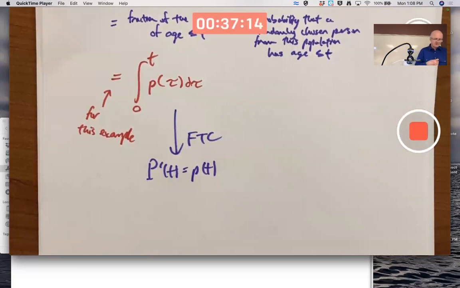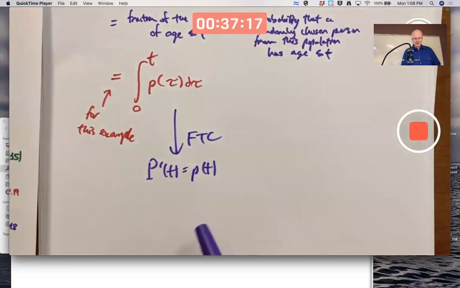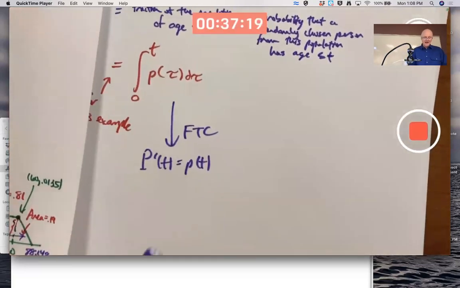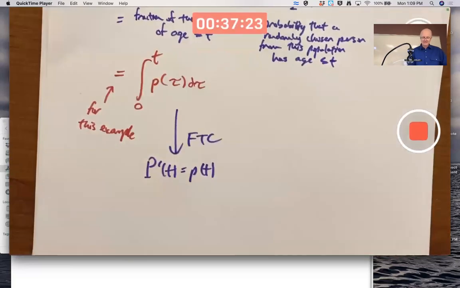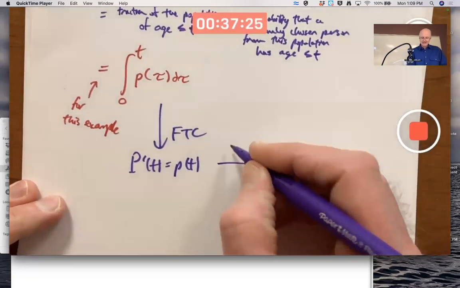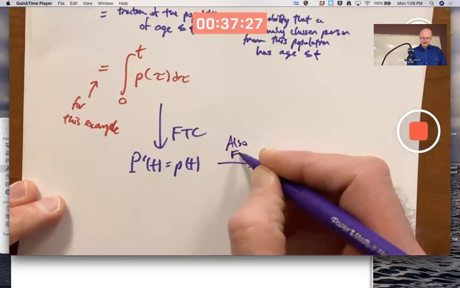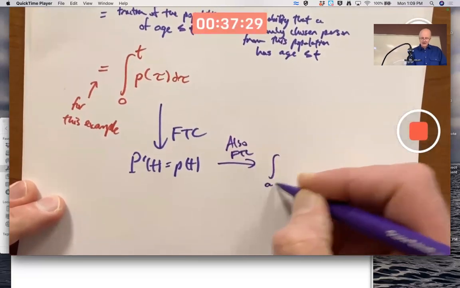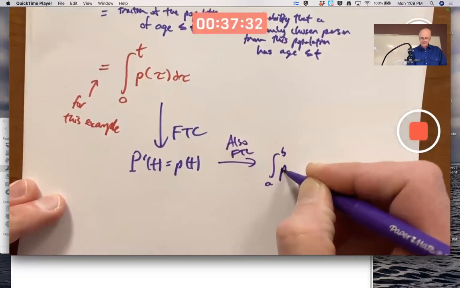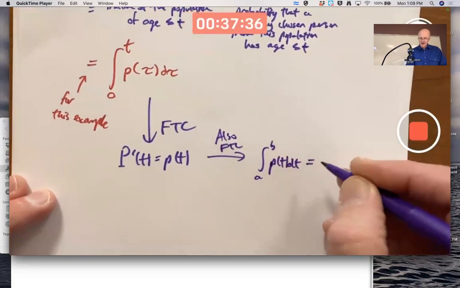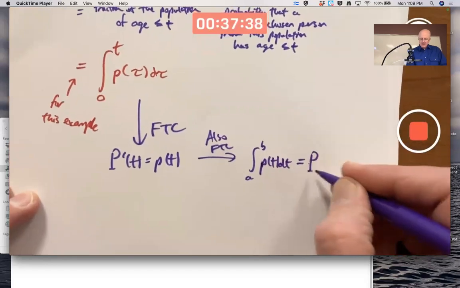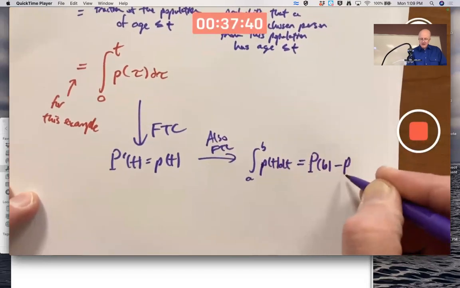And what's this good for? Well, since it's an antiderivative of little p, it's good for evaluating these integrals. Also FTC, the integral of little p from a to b, and here I'm using t, which is fine instead of tau, is capital P of b minus capital P of a.